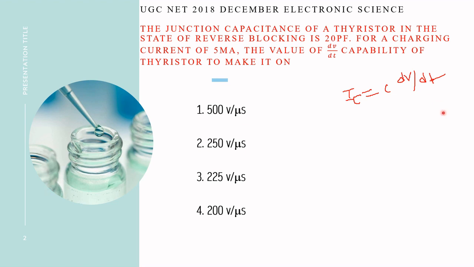So the two values of this equation are already given in the question paper, that is IC value which is equal to 5 milliampere and C value that is equal to 20 picofarad. So we can easily calculate the dV/dt value, and this value is the right option of the thyristor to make it on. Okay.